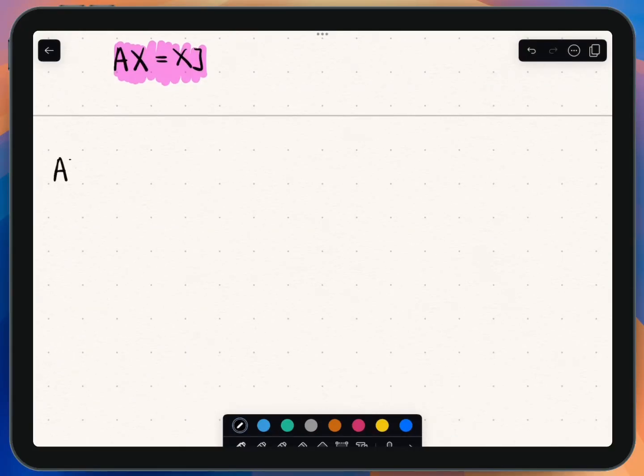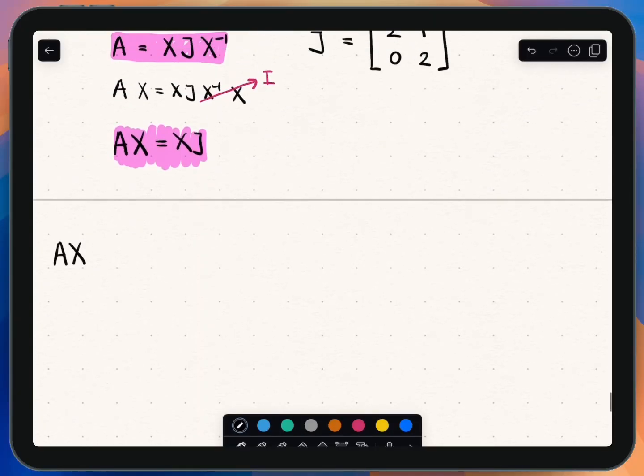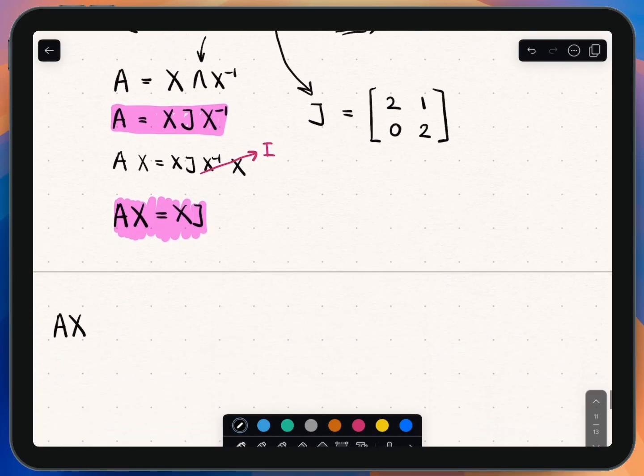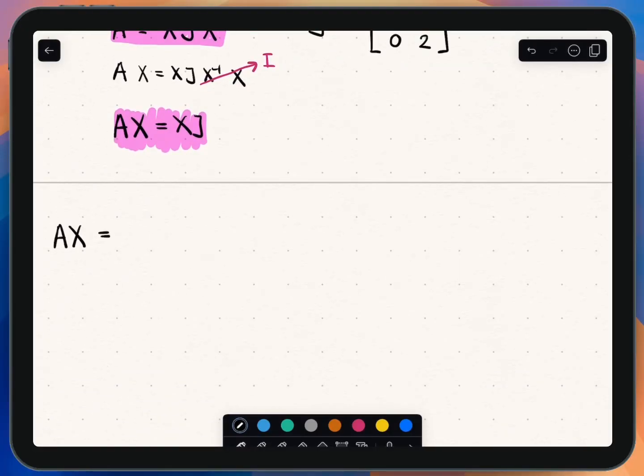So now we can have AX. A is our matrix, and X will be our matrix of eigenvectors and generalized eigenvectors. And the key thing here is that they're also going to be linearly independent. So in the end, when we include the generalized eigenvectors, we will have an invertible matrix, a matrix of n linearly independent vectors. Let me just call them V1, V2, and so on.